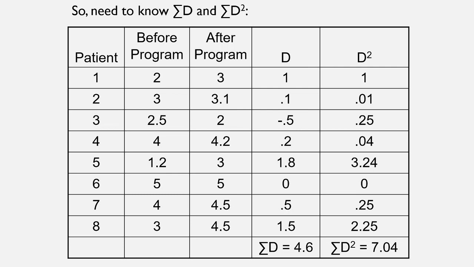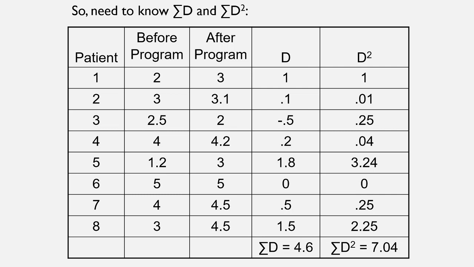So this is what that computation would look like, right? Again, you're taking everyone's difference scores. You do need to add those up, and you also need to square the difference scores. Similarly to what we've seen before, you need both of these, the sum of the differences and the sum of the squared differences, because it would be theoretically possible for the differences to add up to 0.